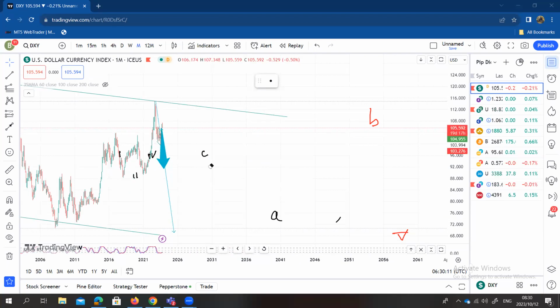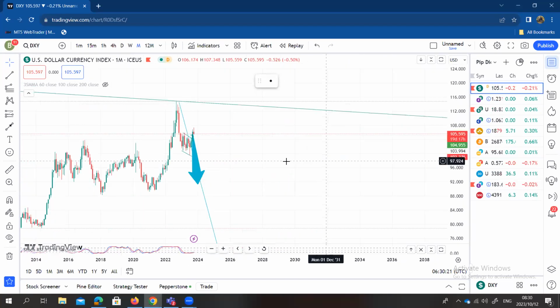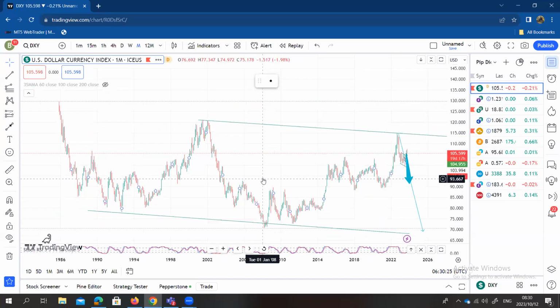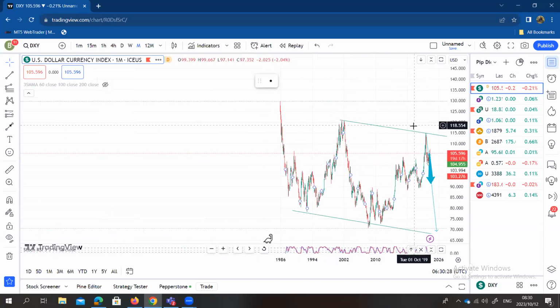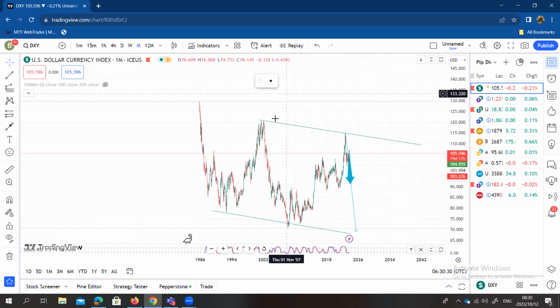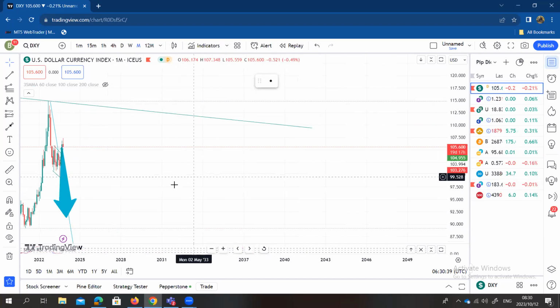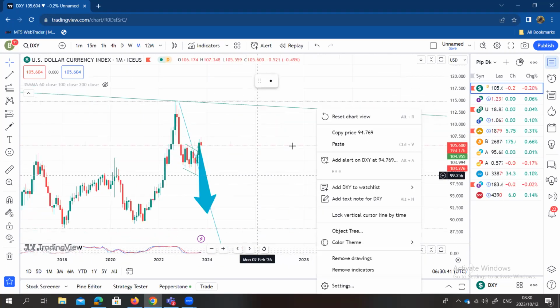So it's really a good time to position ourselves for a very huge downside movement on all the US dollar pairs, because the US dollar is weakening. It seems to have completed this ABC corrective structure, and I expect an impulsive wave to the downside, which also corresponds with a lot of news that is going on.